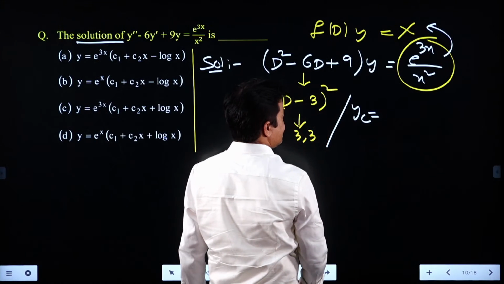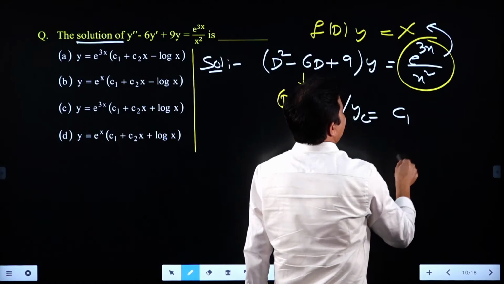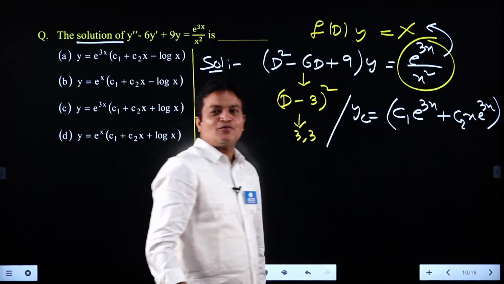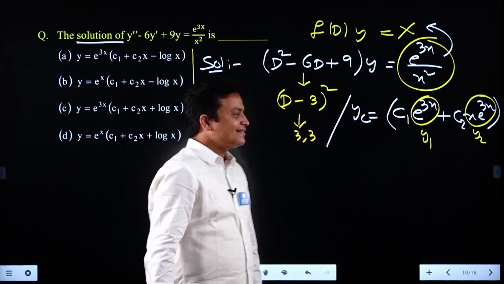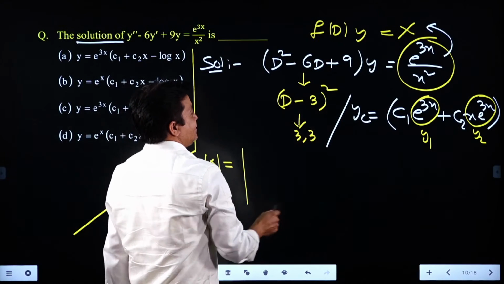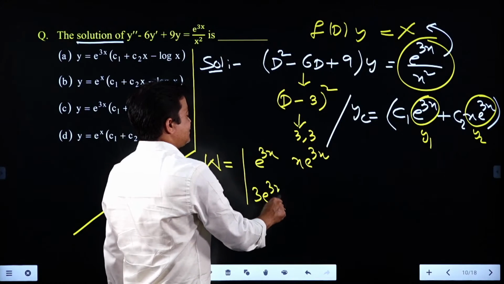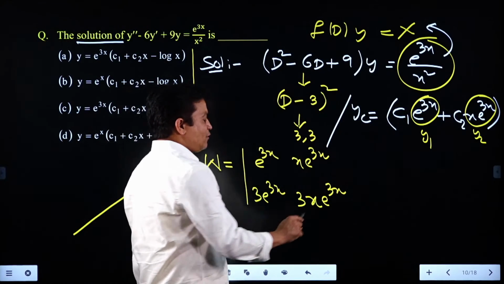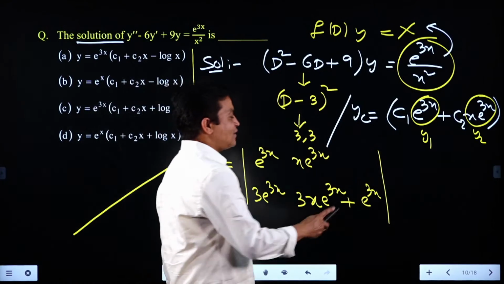I write like this: (c1 plus c2x) into e power 3x. That I write as c1 e power 3x plus c2 x e power 3x. Why, sir? I feel it as c1 y1, c2 y2. Then immediately in method of variation of parameters, Wronskian concept is there. W: y1 e power 3x, y2 x e power 3x, y1 dash e power 3x differentiate, e power 3x into 3, y2 dash x e power 3x, UV form, x remains same, e power 3x differentiate, then e power 3x remains same, only for x1. y1, y2, y1 dash, y2 dash, this determinant is called Wronskian.